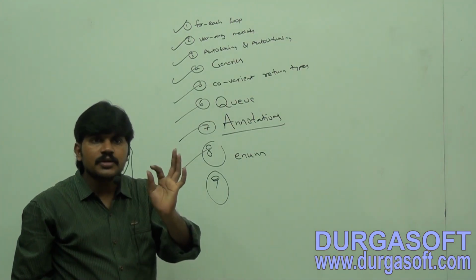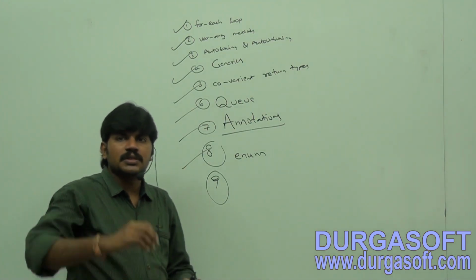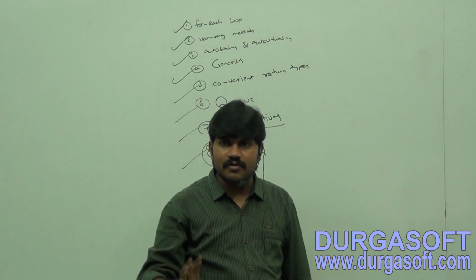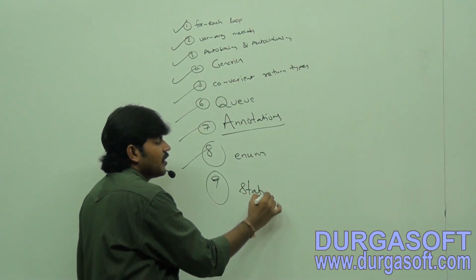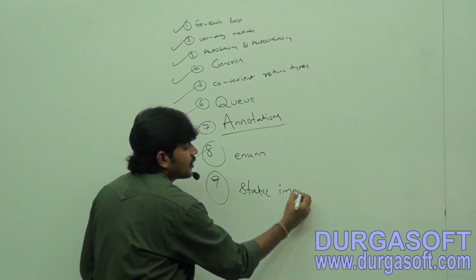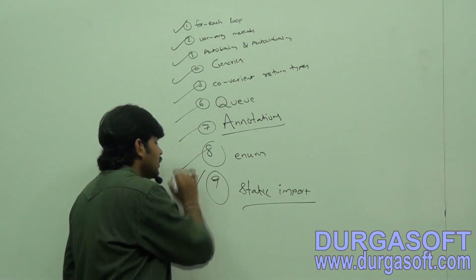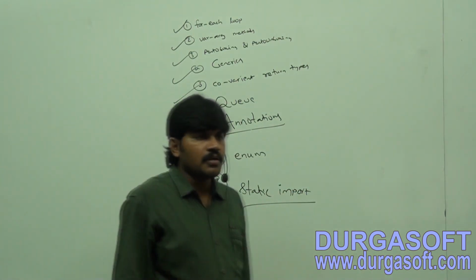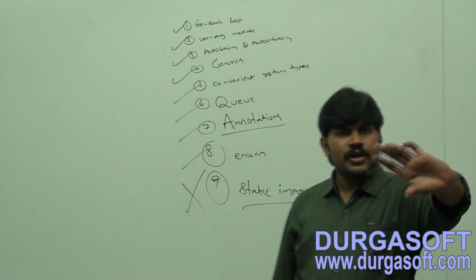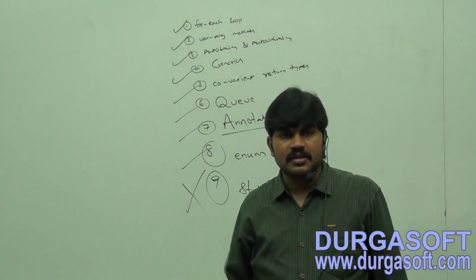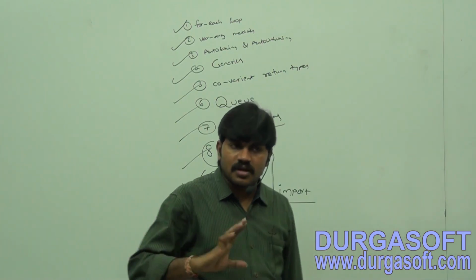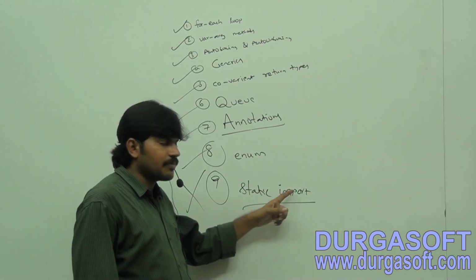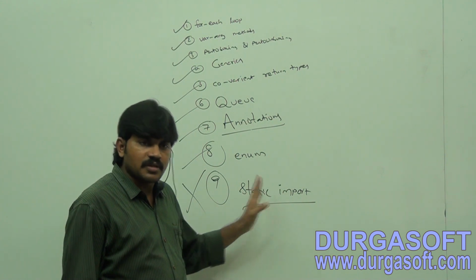But there is one concept which is an utter flop in the 1.5 version, the static import concept. Are you getting it? There is no guarantee each and every new concept is going to be a hit. Static import is not a hit concept at all; it is the flop concept which came in the 1.5 version.